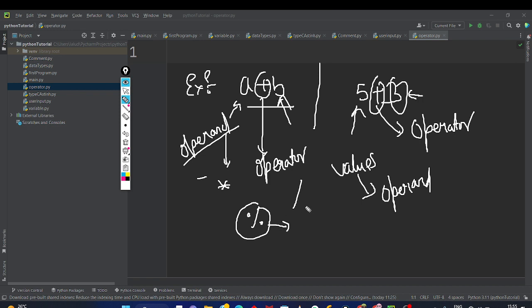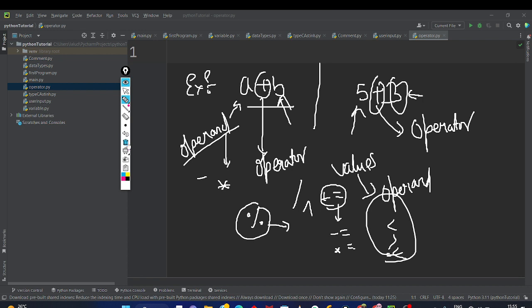There are various operators like bitwise operators and XOR. Assignment operators like plus equal to are also symbols that perform some operations. Minus equal to, these are basically assignment operator types. Comparison operators like less than or equal to. There are various operators we are going to see one by one, but you have to keep in mind that operators are the symbols used to perform specific operations on operands, or we can say variables and values.